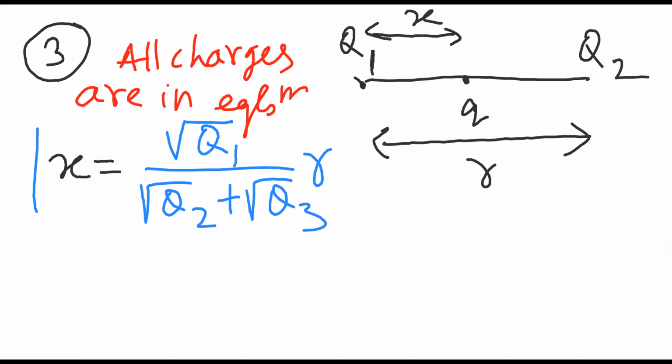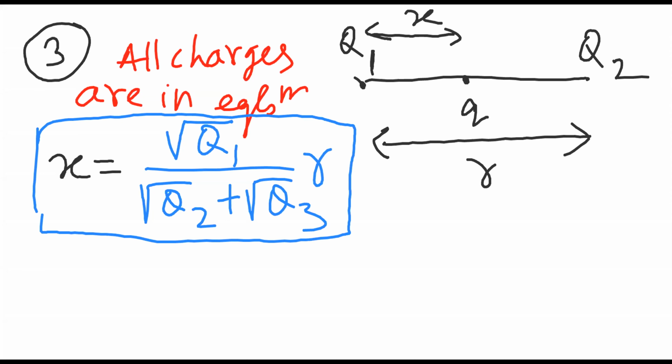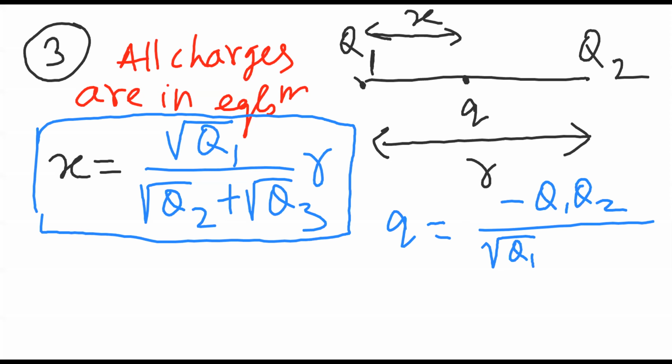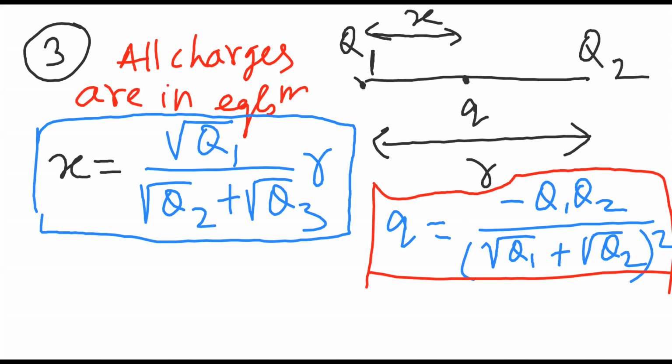Easily you can get it directly. And small q is equal to minus Q1 Q2 divided by (root Q1 plus root Q2) whole square.